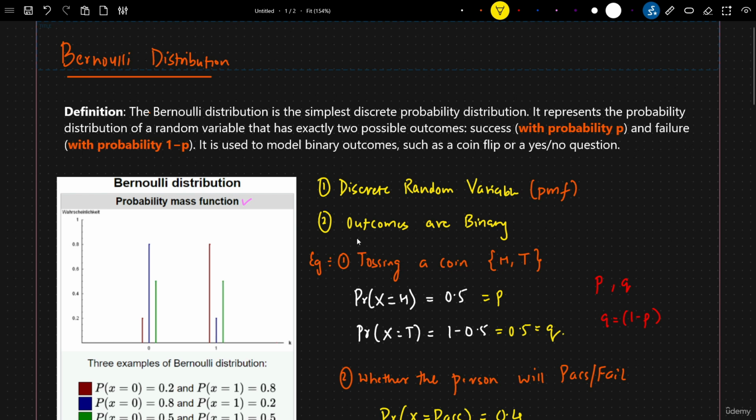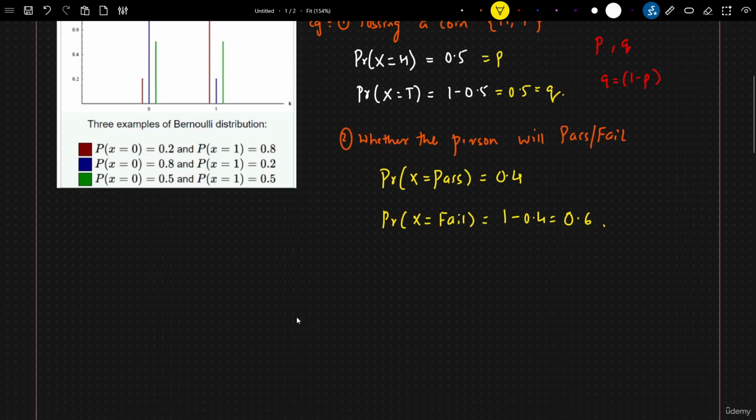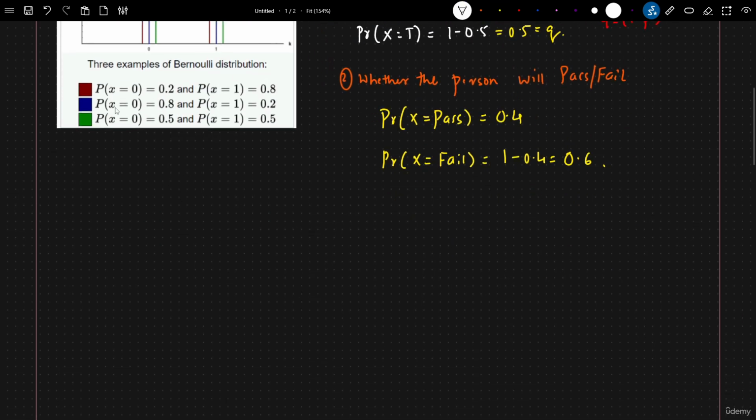Here, the experiments or the trials that we are going to perform, the outcomes are going to be binary, and there are two important parameters. So let me talk about the parameters that are used over here. First of all, we will be using these two parameters, that is P comma Q, right?